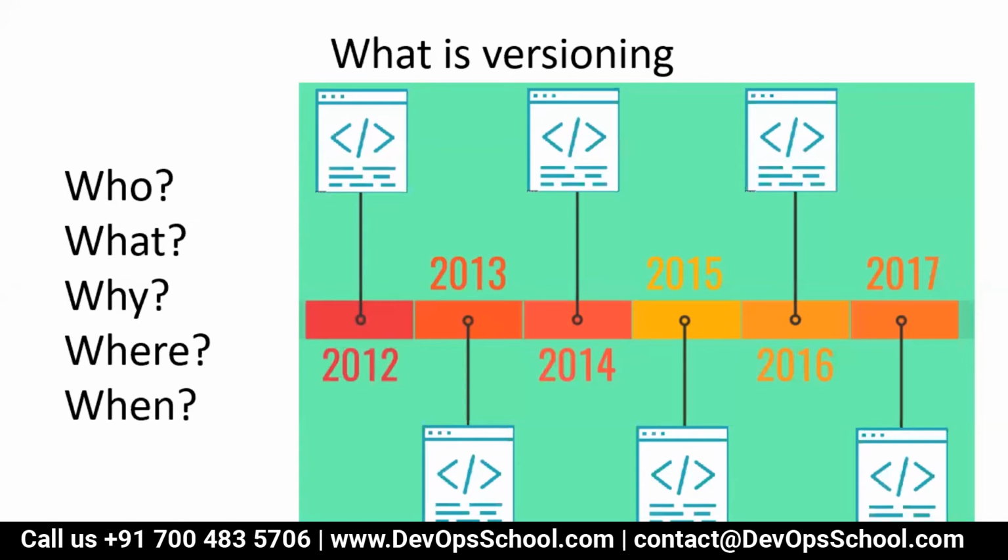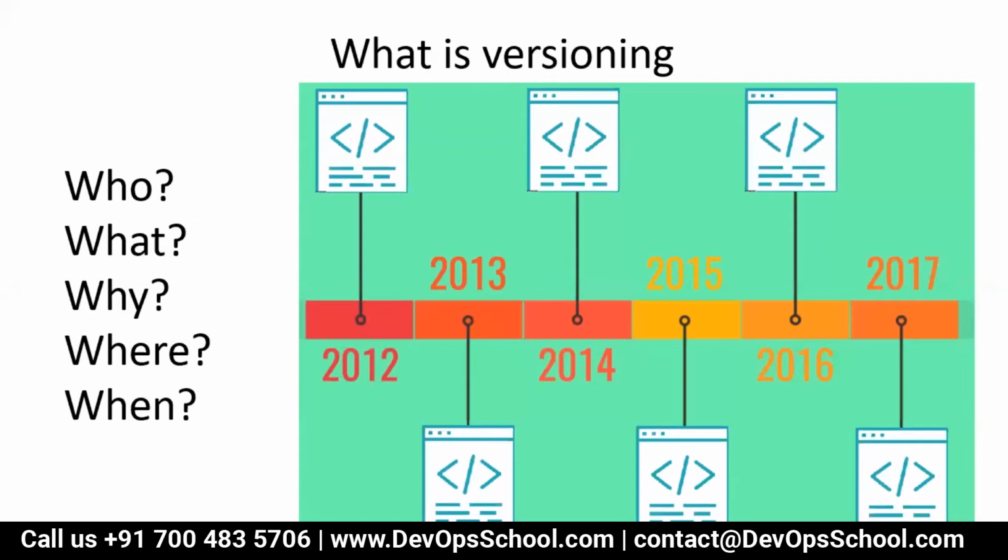We want to know why this guy has modified this code. We would like to know where this modification is taking place and when it has taken place. So these are the questions we would like to know: who, what, why, where, and when. And that process of knowing who has modified, what has been modified, why, where, and when, is called versioning.